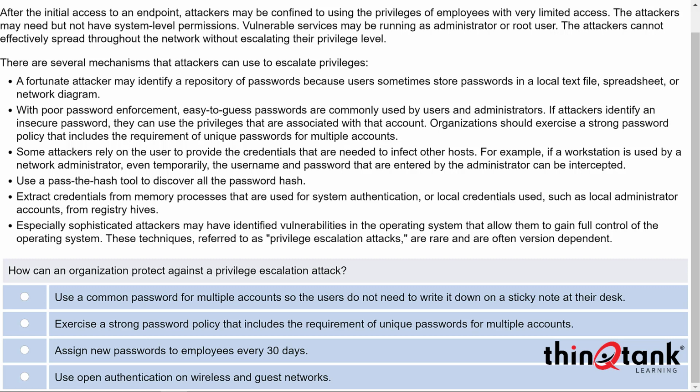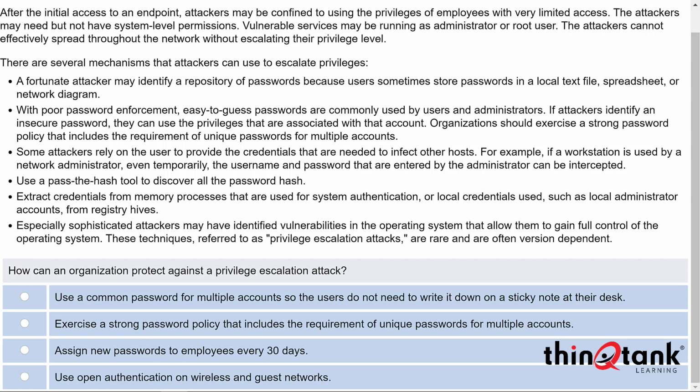All right, so let's see here. It says use a common password for multiple accounts. No, that's the opposite. We would never use the same password for multiple accounts. Not only does that eliminate the ability to identify, in essence, the non-repudiation of origin, but if one account gets compromised, other accounts could potentially be compromised as well.